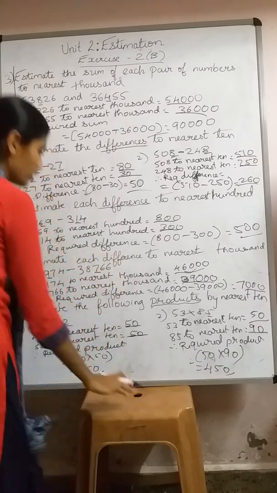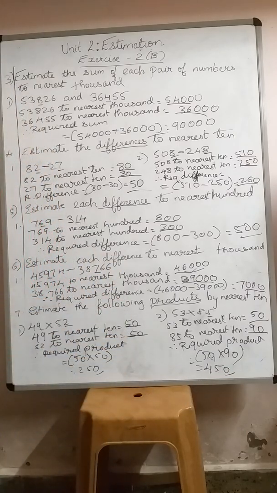Everybody solve, and try to find whether you are getting the same answers or not. Okay, so I think you have understood how to solve the given numbers. Here we have only a few questions to solve. So remember, you need to find the correct product.